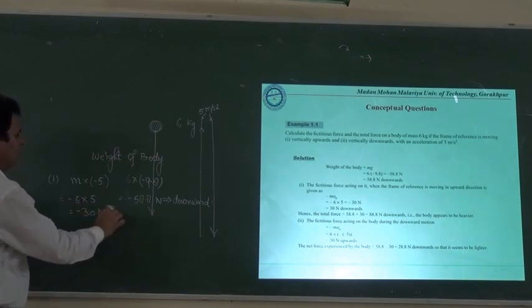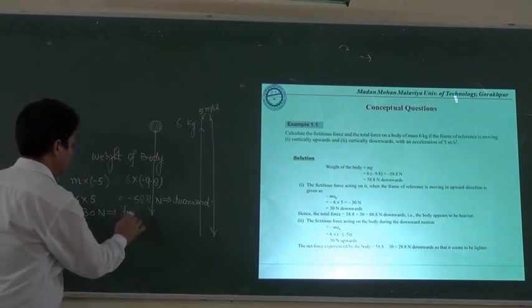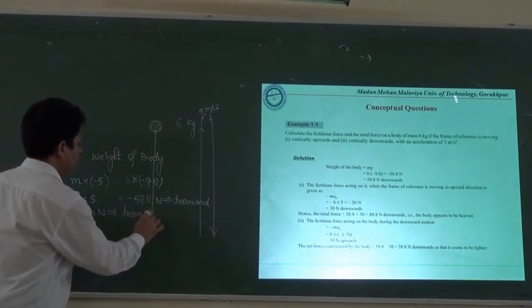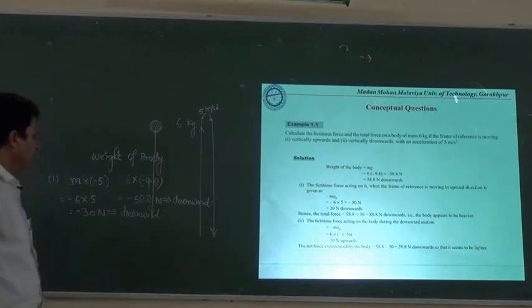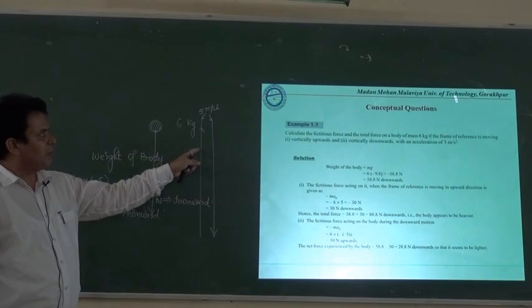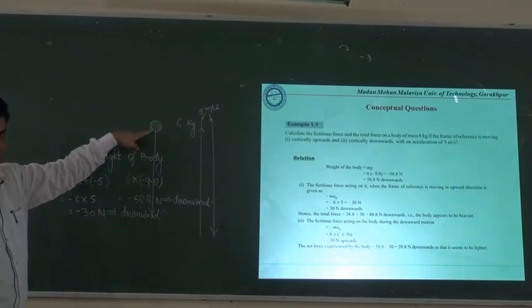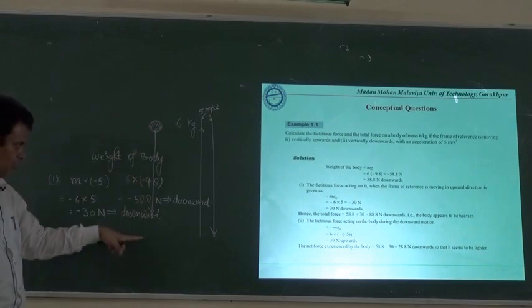It refers to the downward direction again. This contribution is only because of the motion of the frame of reference in the upward direction, and the body already has its weight, which is in the downward direction.